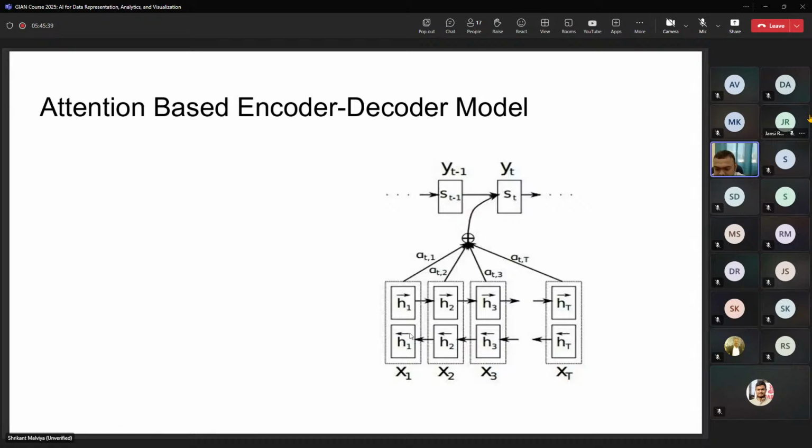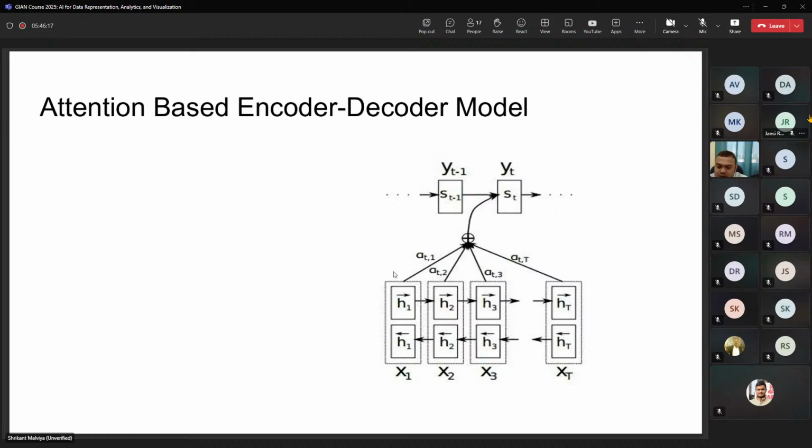We can also use a unidirectional model, but for a better representation of the input, we use a bidirectional model, which processes the input in both forward and backward directions. This means each input in the sequence will have two representations, forward and backward, which are concatenated and represent the input, for example x3. So this is our encoder.